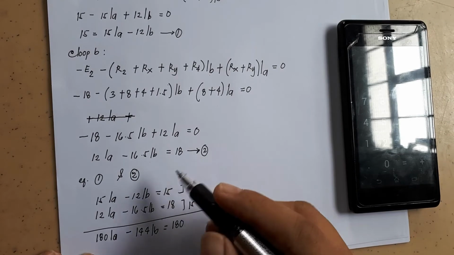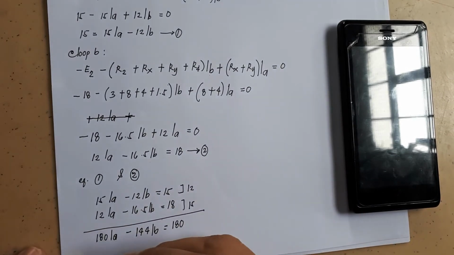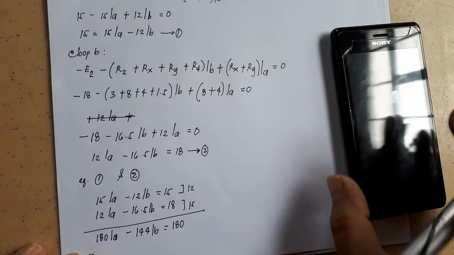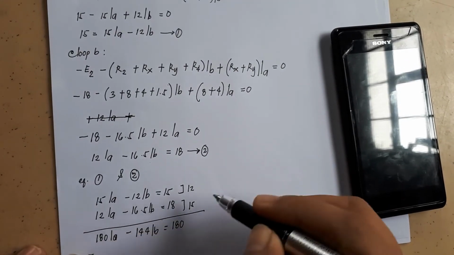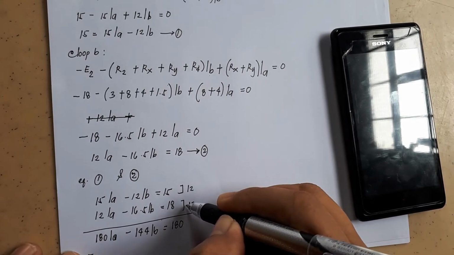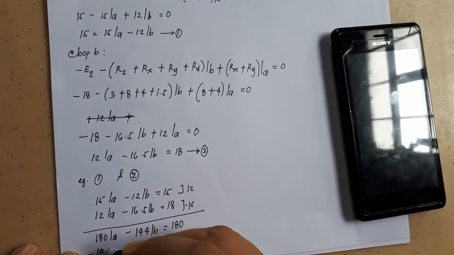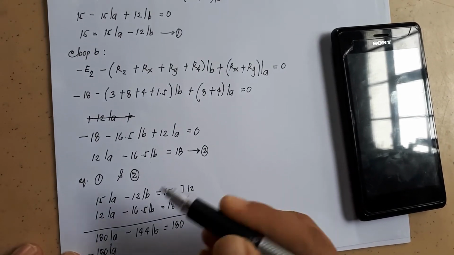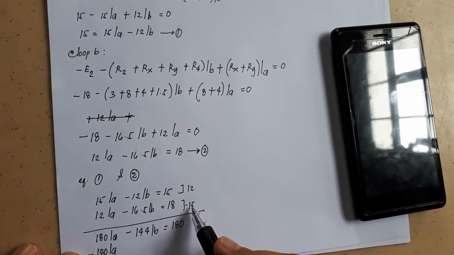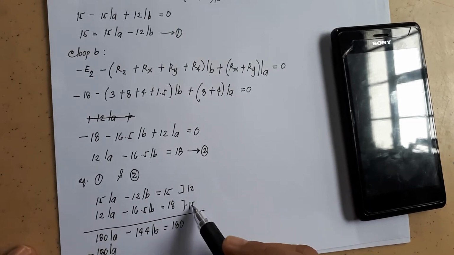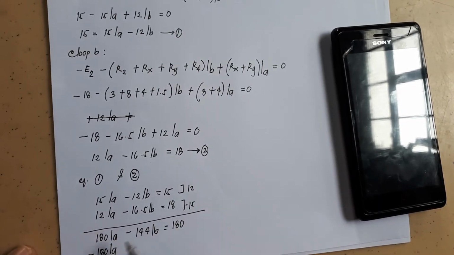And below, better for us to make use of negative 15, so that right away this will be 180 IA. Instead of 15 only, we just have it negative 15. So multiplying 12 by 15, we come up with 180 IA.